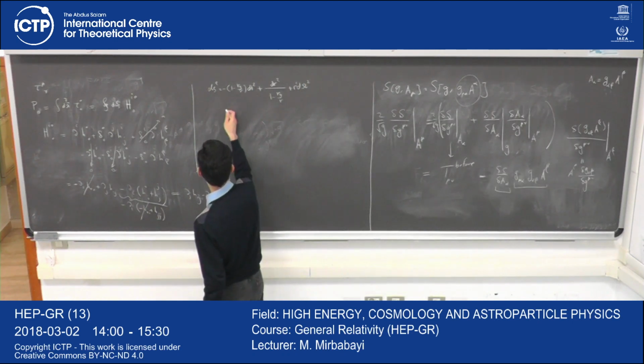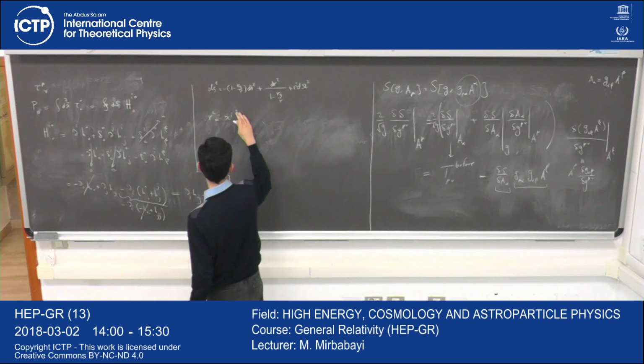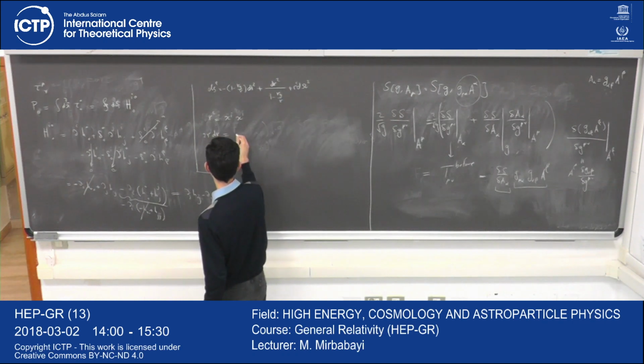Now I can write it in Cartesian coordinates using the fact that r squared is just xi squared, or x_i x_i. If I vary this, then I get 2r dr equals 2 x_i dx_i. Therefore, dr is equal to x_i hat times dx_i.